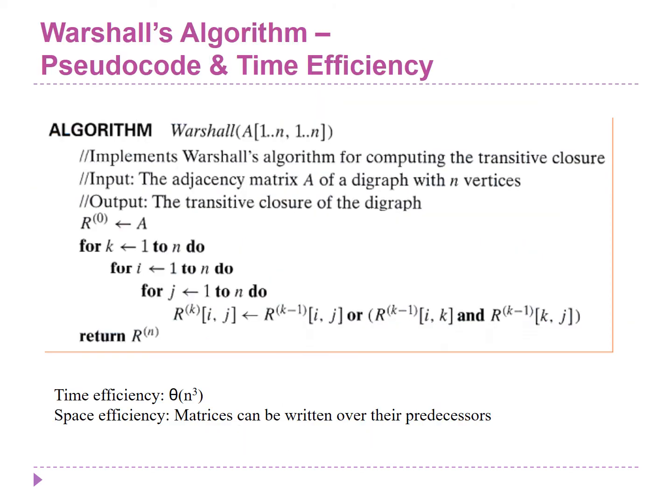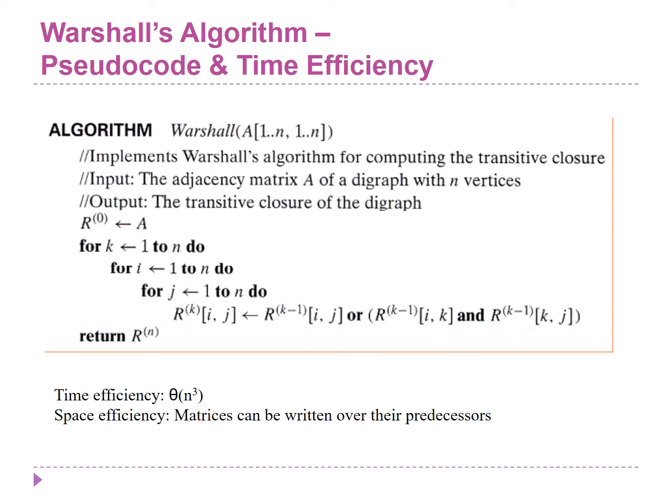Warshall's algorithm receives the adjacency matrix of a digraph with n vertices as input. The output of the Warshall's algorithm is the transitive closure of the digraph. R0 is initialized with the adjacency matrix of the digraph.